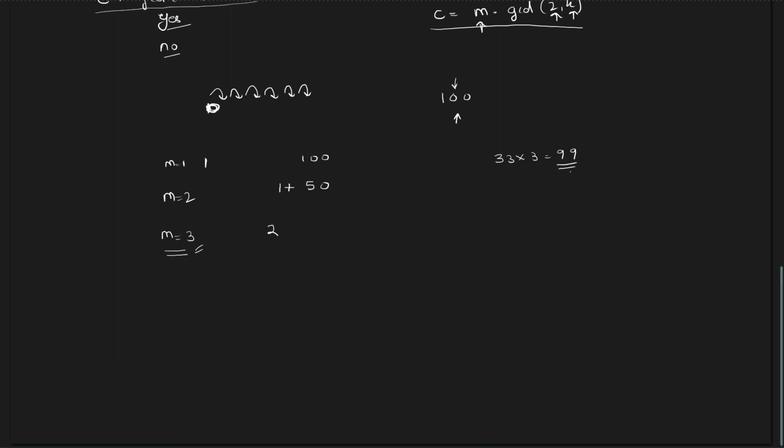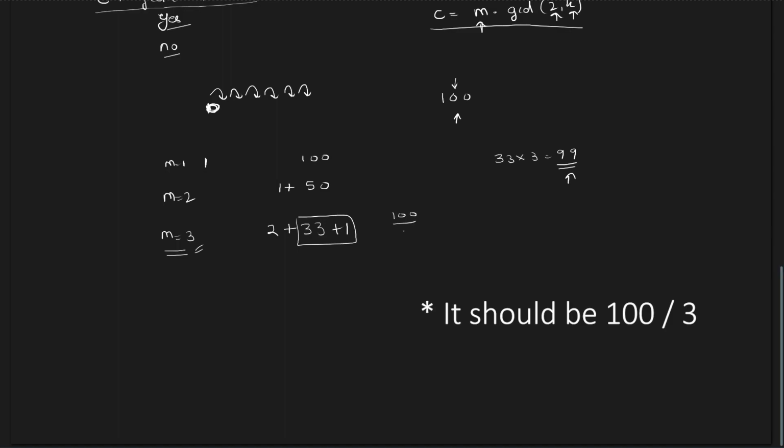You would be left with only one step in this case. You could have taken this particular step initially when m was equal to 1. So the total answer would be 2 plus 33 plus 1. This 33 plus 1 can also be written as the ceil value of 100 divided by 3.